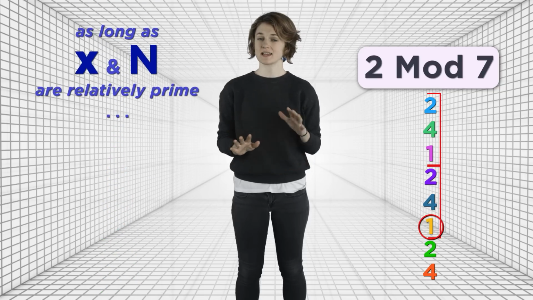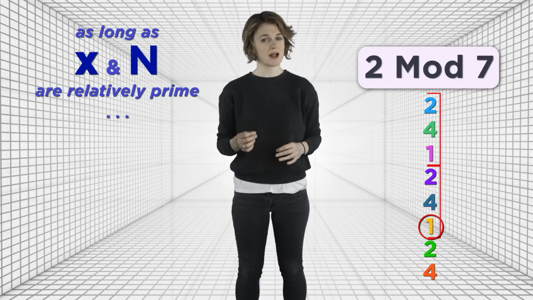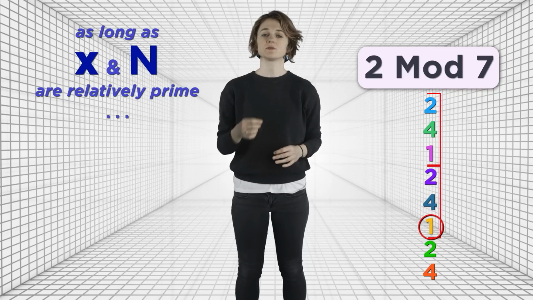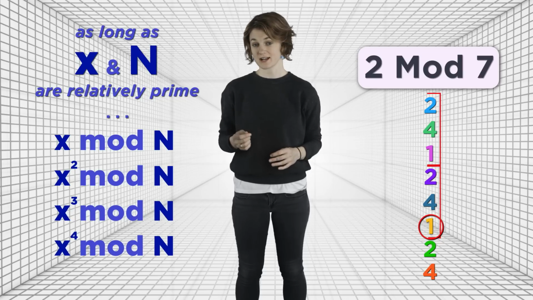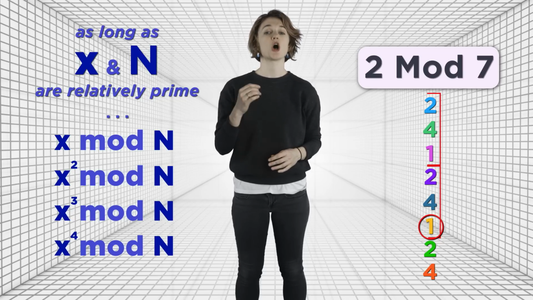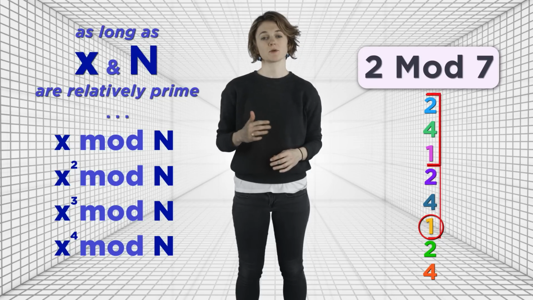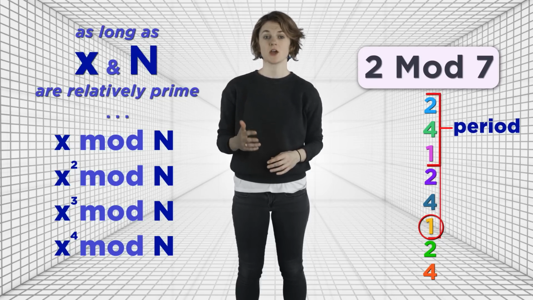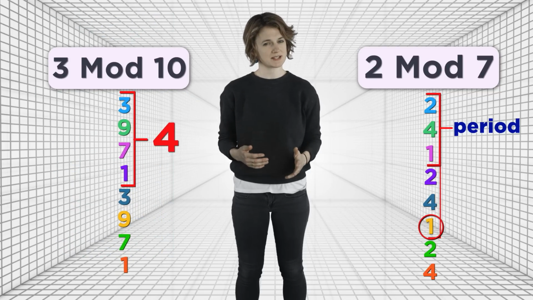As long as x and n are relatively prime, meaning they share no prime factors, the sequence x mod n, x squared mod n, x cubed mod n, x to the 4th mod n, and so on, will always have this property. We call the length of the repeating pattern the period. So the period of 3 mod 10 is 4, and the period of 2 mod 7 is 3.